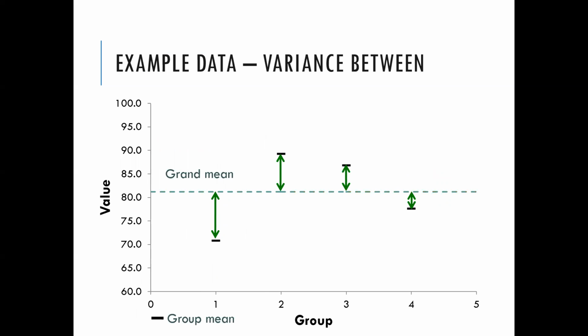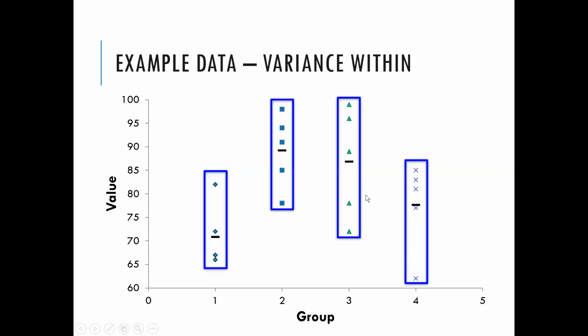For the variance between, we're comparing each group mean, which is denoted by these heavy black bars, to the grand mean. And then the variance within, we're looking at the variance within each group, so the individual observations compared to the group mean. And then we do that for each group.